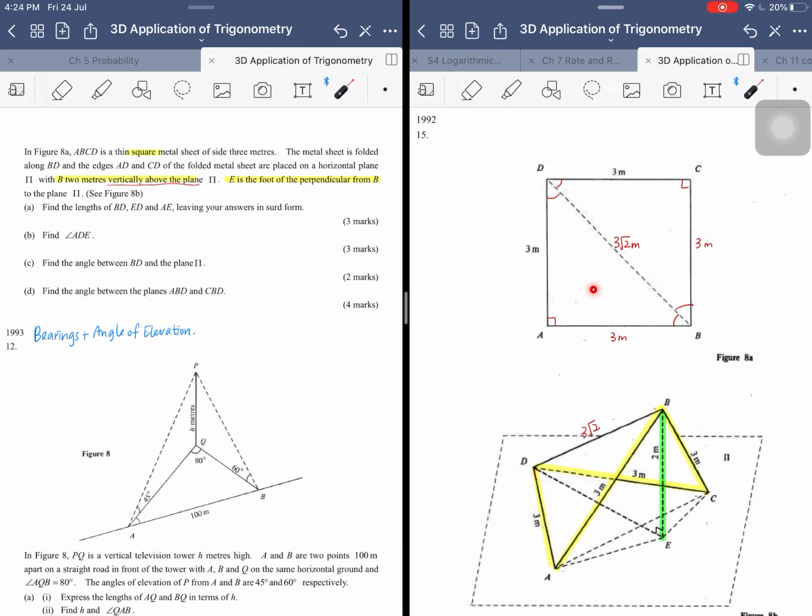And what do you see between these two, the top and the bottom triangles? Okay? And the angle between ABD and CBD is actually quite a standard question, which we have done before. But just make sure that you are finding the correct line.